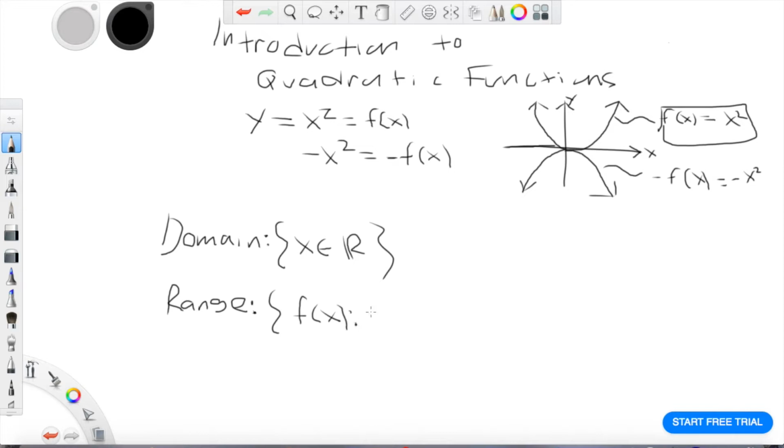So the range of f of x is going to be, you could see how everything is above the x-axis, or in other words, above y is equal to 0. And so the range of f of x is going to be y greater than or equal to 0, such that y is a real number.